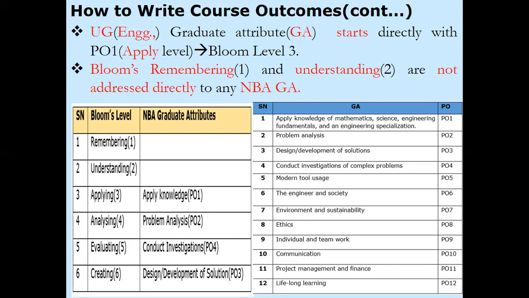You can map them indirectly, like PO6, PO7, like societal and ethics issues, those types of things. It's possible, but you have to see the content of the course outcomes you have written. Based on that, you can map.